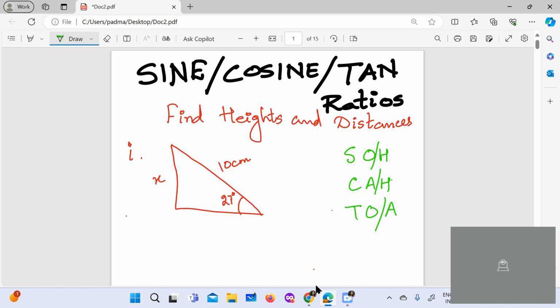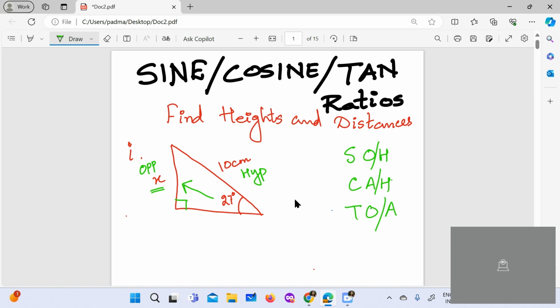So what we need to find out is the side x, the length x. Okay, and what is given here? This angle 27-degree, and this length, that is the hypotenuse, 10 centimeter. So we have to understand with respect to this angle what are the given things. So you can see that x is opposite, and here we have hypotenuse because this is opposite to the right angle or 90-degree.